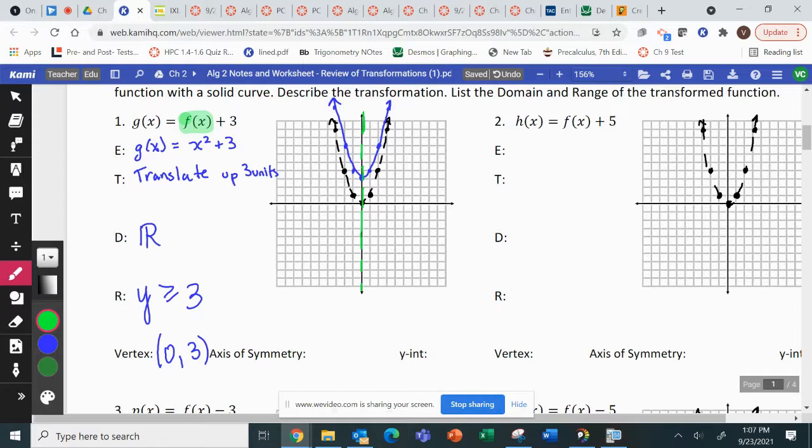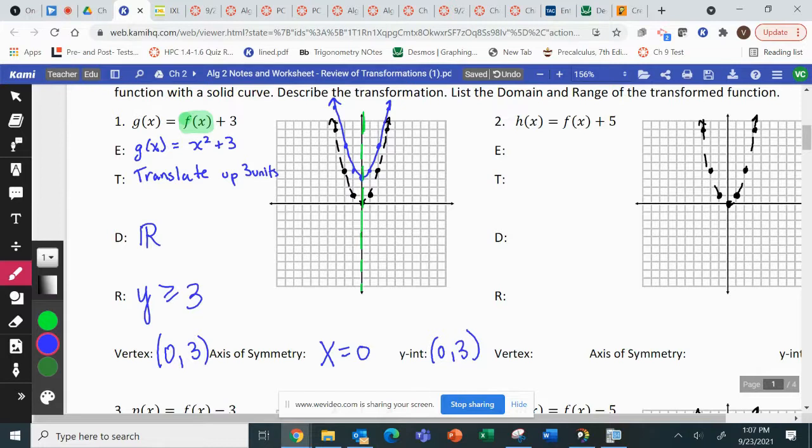So I need that line, the axis of symmetry. What line is that? X equals 0. And then the y-intercept of the blue one is 0, 3. Sometimes the vertex and the y-intercept are the same. Sometimes they are not. Okay?